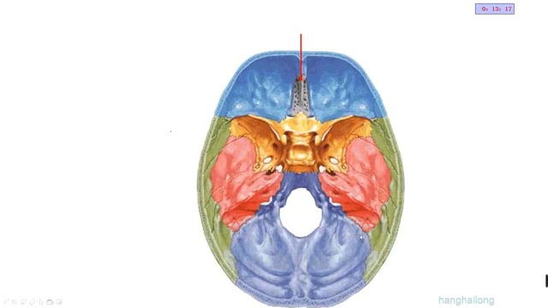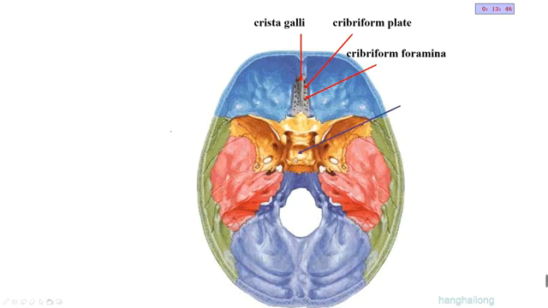Now, let's have a review of the structures we have just studied. First, what's this? The cribriform plate, yes. This plate is the horizontal plate or cribriform plate. On this plate are many small foramina, the cribriform foramina. In the center is a fossa, the hypophyseal fossa.